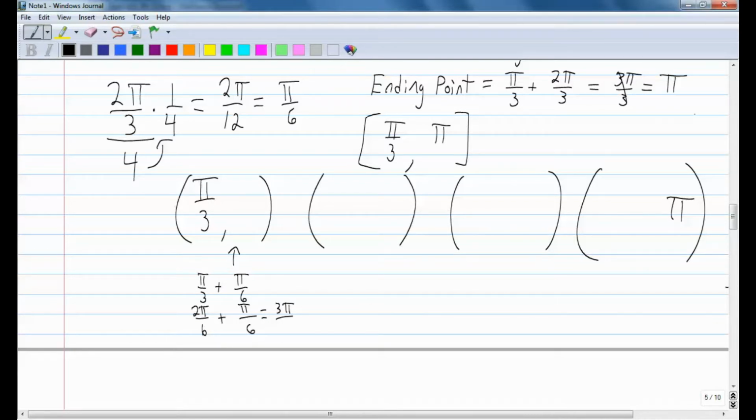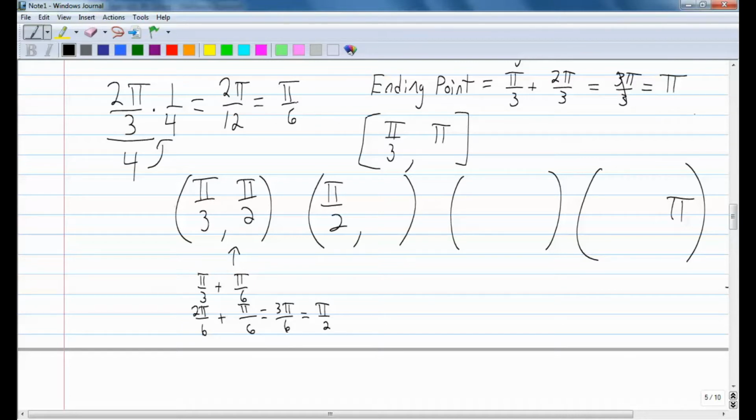That's 3 pi over 6, or pi over 2. So right here, I put pi over 2. I start my next subinterval with the number from the previous subinterval, the last number. So pi over 2.